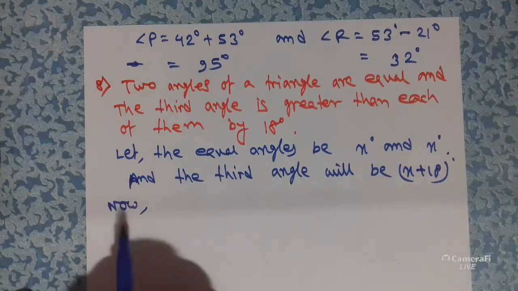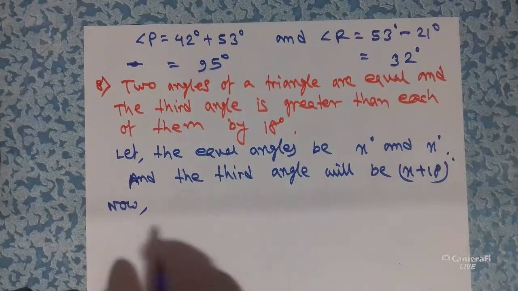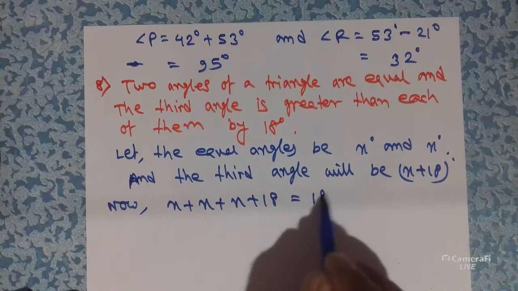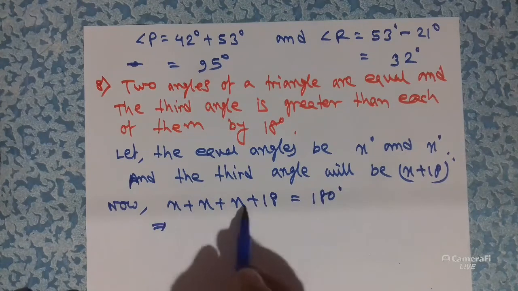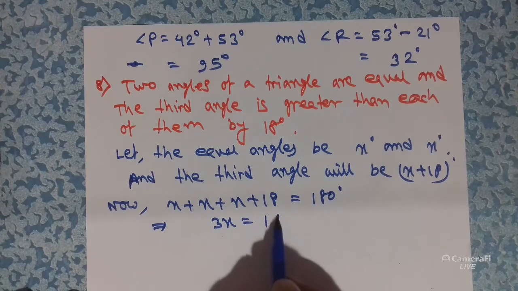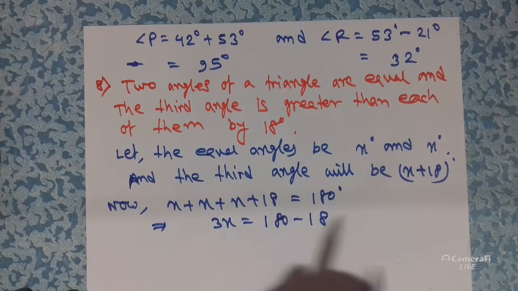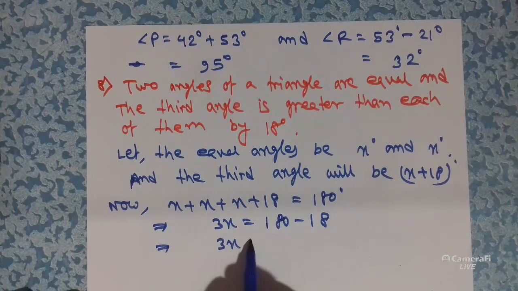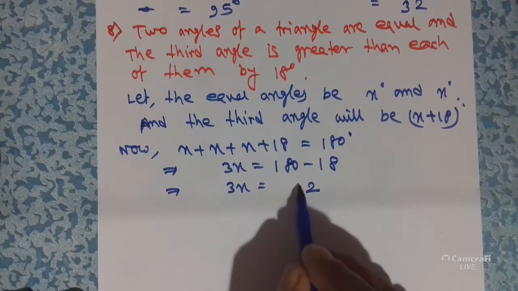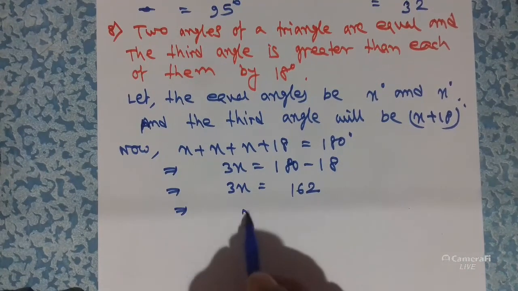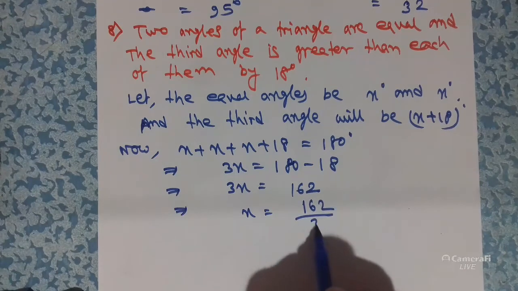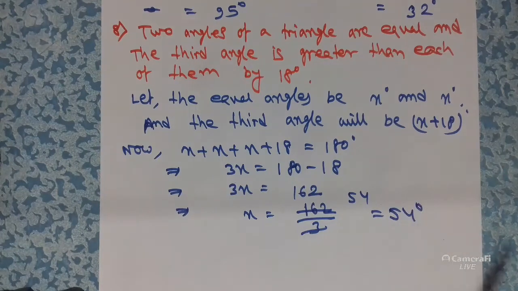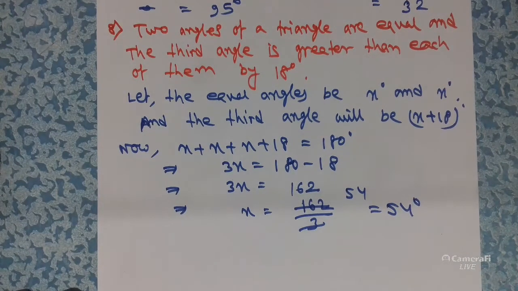Now we know that the sum of the three angles is 180 degrees, so it will be x plus x plus x plus 18 is equal to 180. Now calculate it, it will be 3x is equal to 180 minus 18, because 18 we have to transfer to the right hand side, so 3x is equal to 162, so x is equal to 162 by 3. So this implies 54 degrees. So the value of x is 54 degrees.